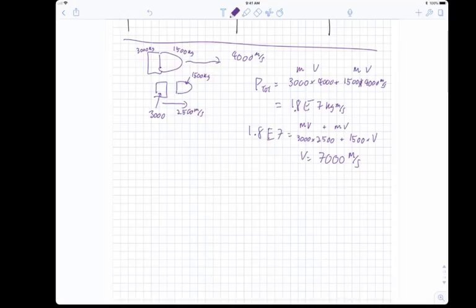How much energy is released by the explosion? Kinetic energy initial. I'm just going to calculate it. I'm tired of writing things out. 4,000 times 4,000 times 3,000 divided by 2 plus 4,000 times 4,000 times 1,500 divided by 2. 3.6 E10 joules.